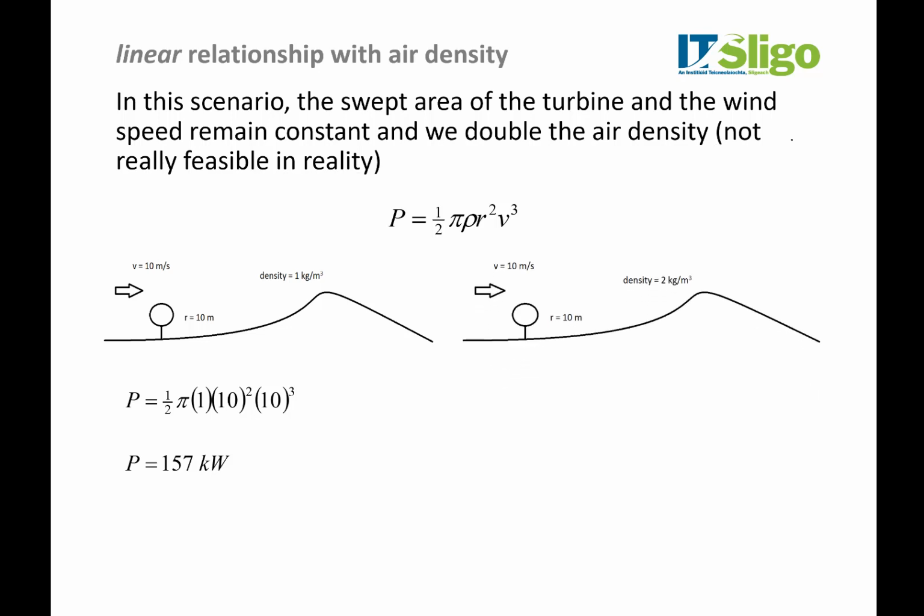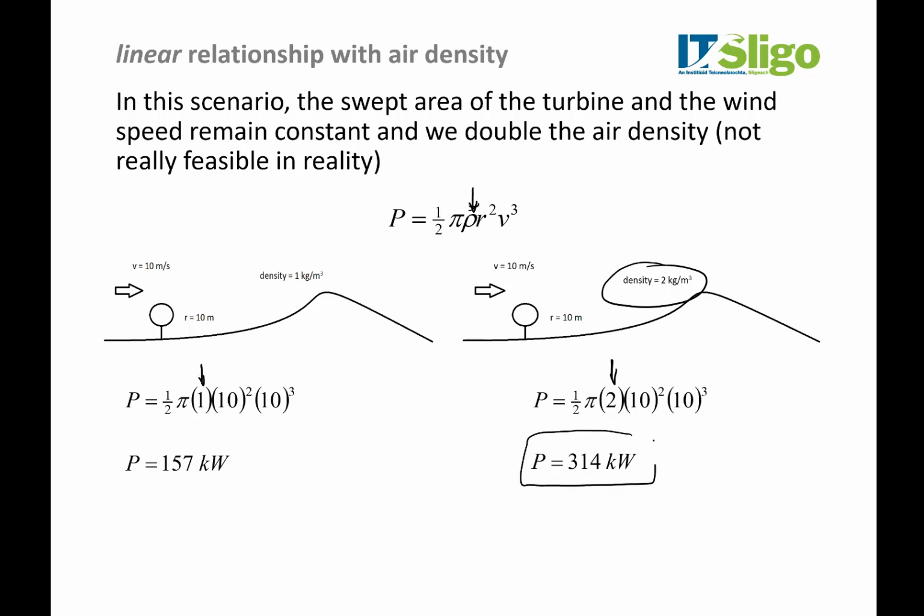So in this scenario, the wind speed is the same. The turbine is the same. But the density is doubled. So we're simply doubling this value here. When we feed the values in, we're putting in a 2 now, where we did have a 1, and everything else is the same. And as to be expected, the power has doubled.